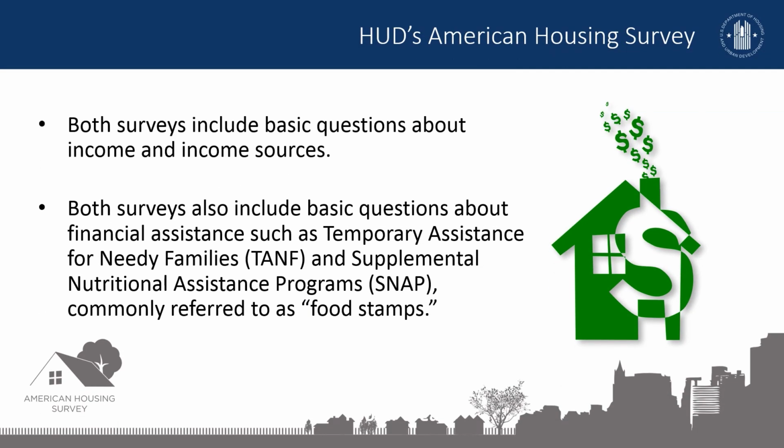Both surveys include basic questions about income and income sources. Both surveys also include basic questions about financial assistance, such as Temporary Assistance for Needy Families, or TANF, and Supplemental Nutritional Assistance Programs, or SNAP, commonly referred to as food stamps.